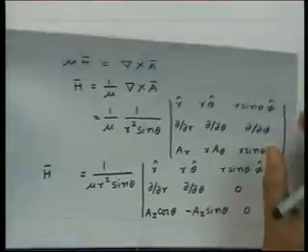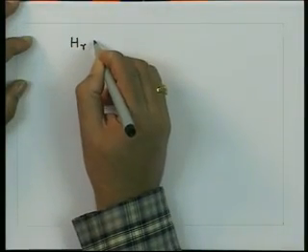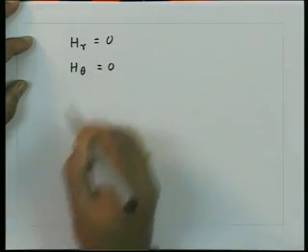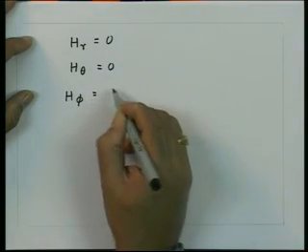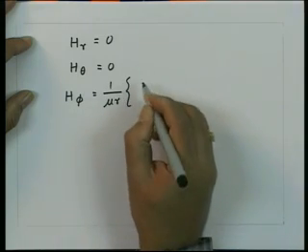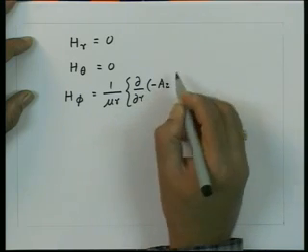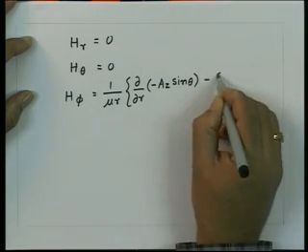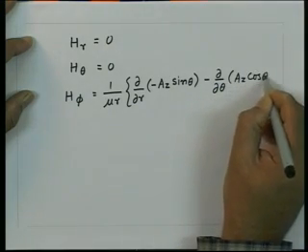So essentially H_r is equal to 0, H_theta is also equal to 0, and H_phi is equal to 1 upon mu r, d by dr of minus A_z sin theta, minus d by d theta of A_z cos theta.